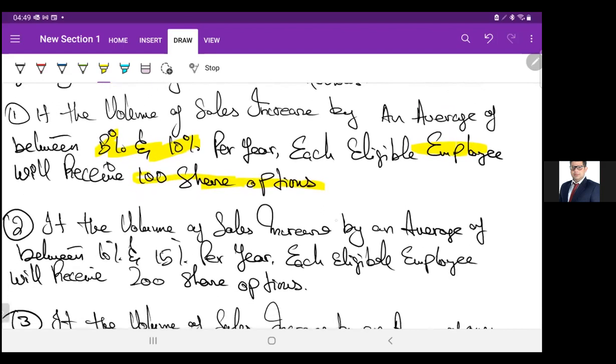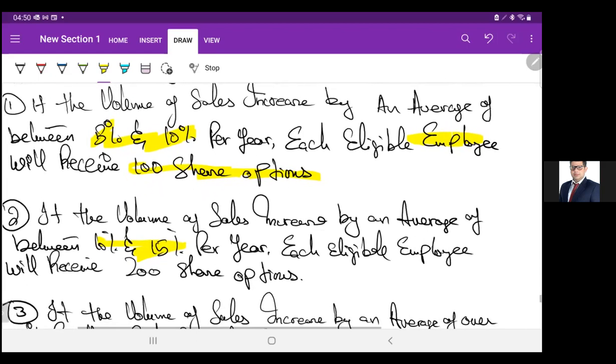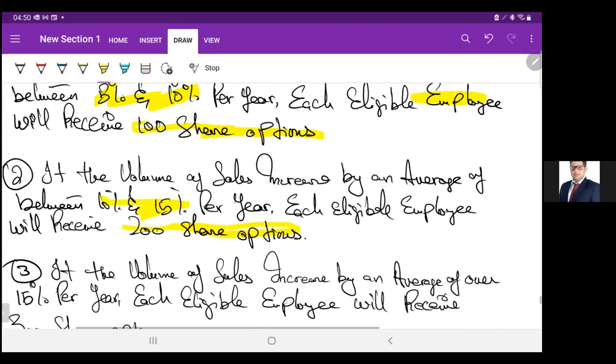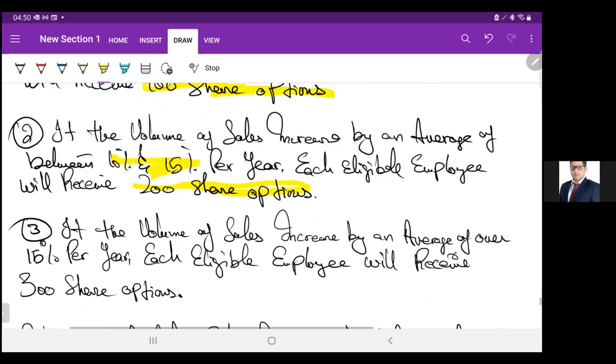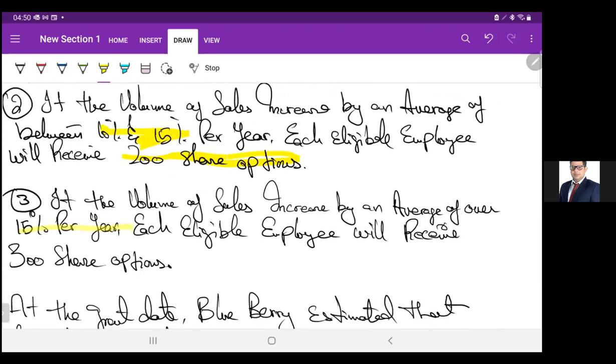Number two, if between 10% and 15% per year, each eligible employee will receive 200 share options. Number three, if over 15% per year, each eligible employee will receive 300 share options.